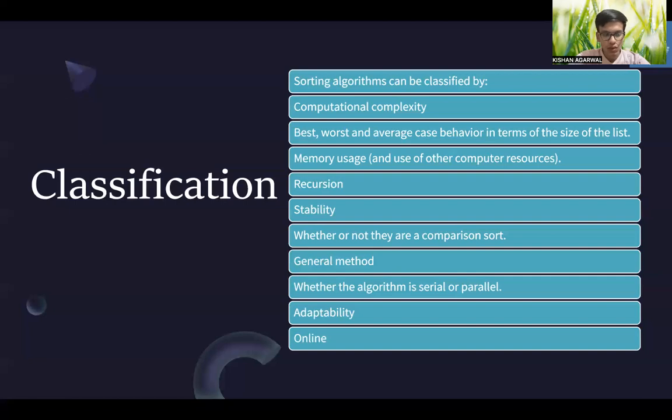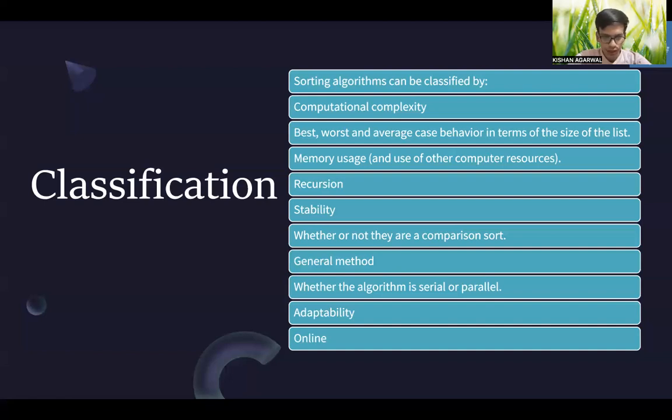Selection sorts include cycle sort and heap sort. Next is whether the algorithm is serial or parallel. The remainder of this discussion almost exclusively concentrates upon serial algorithms and assumes serial operations.